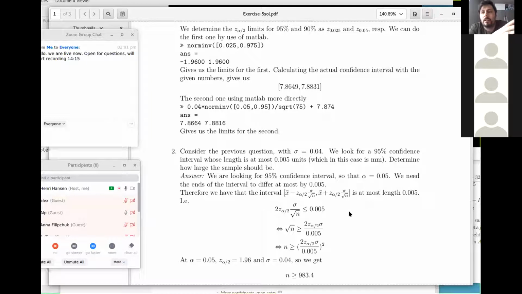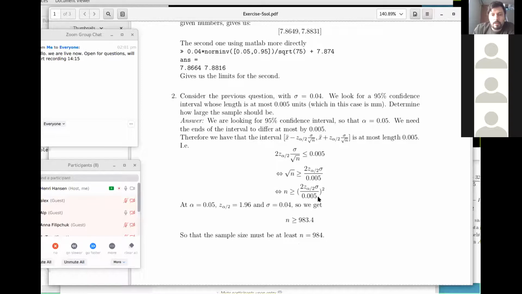We want the n. So the 2 endpoints, their distance is 2 times z alpha over 2 times sigma. And if we use the same z alpha over 2 as we had before, that 1.96 here, then we can solve this for n. So we solve this first for square root of n, divide by 0.005, this here. And of course, this square root of n needs to be greater than that, and we get n greater than this.